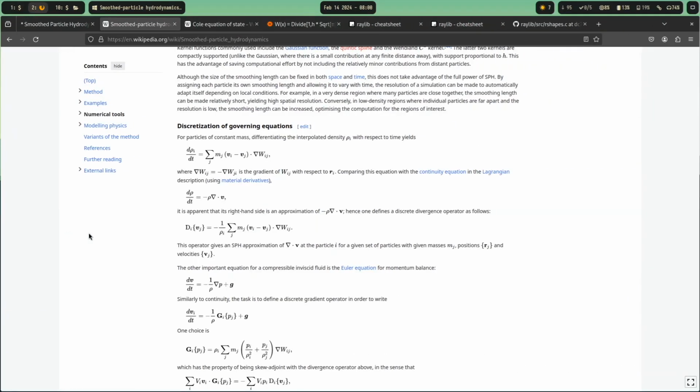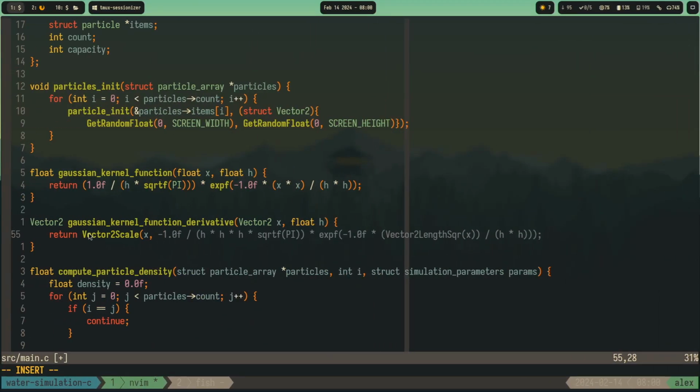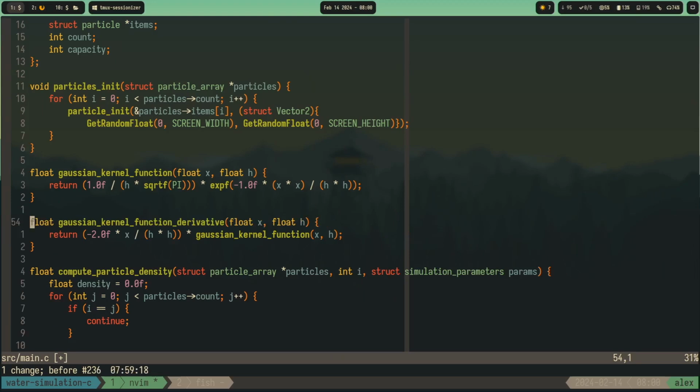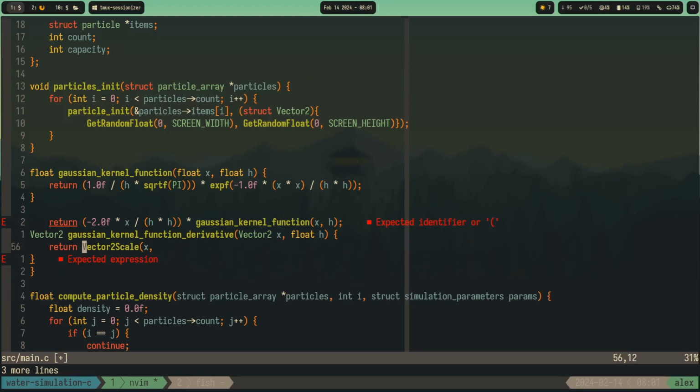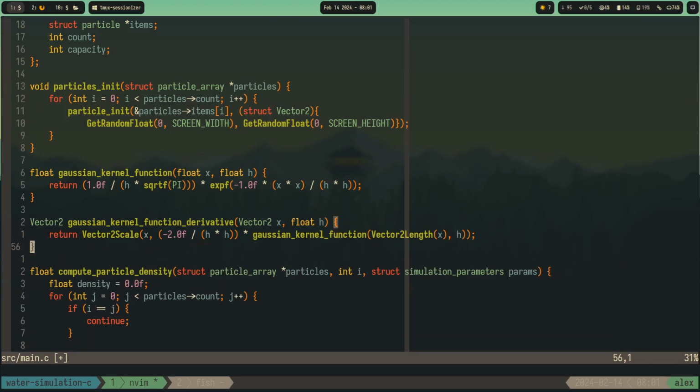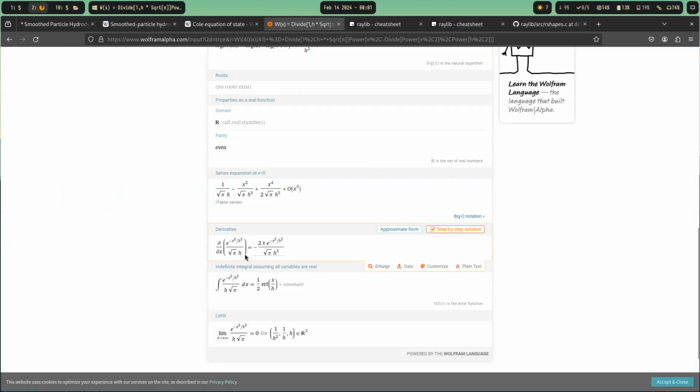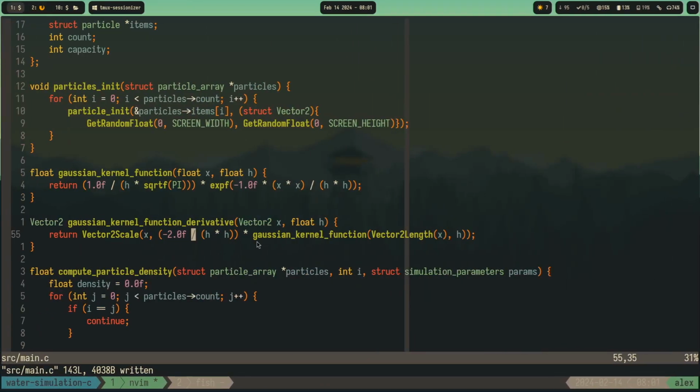It's pretty strange. Let's see, because last time it was fine, but here we need to do something like this, right? We need to multiply x by minus 2. So if we look back at this thing, we have x, we have minus 2, h squared, and then if we look at what remains, it's basically the thing from before. So it's the Gaussian kernel.